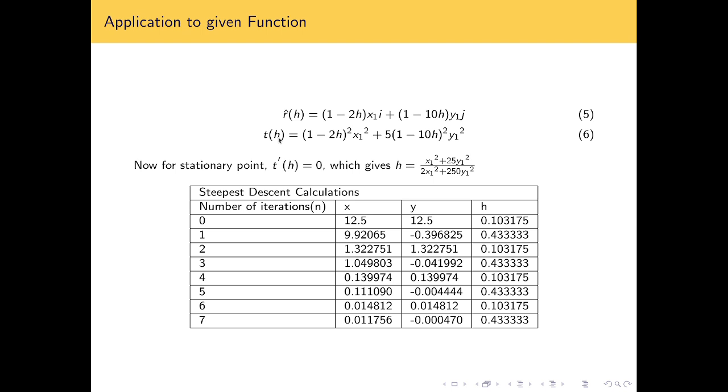So for a stationary point, to find the minima, we'll equate this function equal to 0, and we'll differentiate with respect to h, and with that we'll find h, and in terms of the point at which we have found the gradient, and then we'll keep on calculating, and first we'll do it for the initial point, and then we'll go on calculating it from points obtained thereafter iteratively.